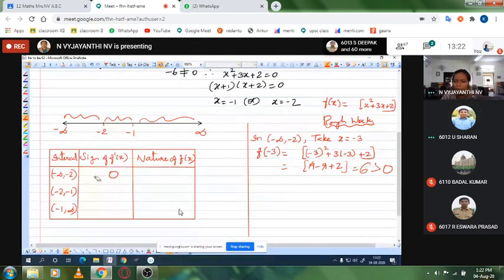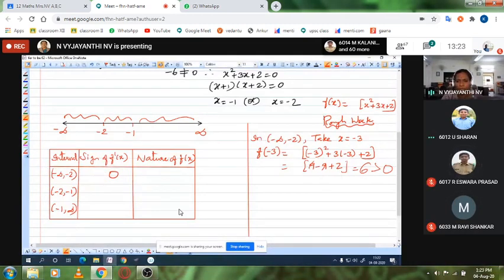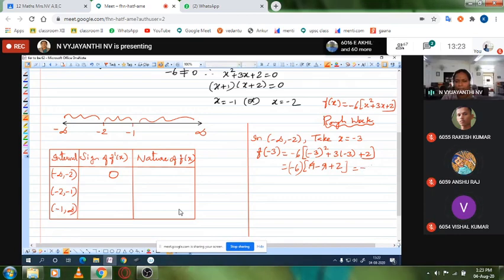Will it be correct? No, ma'am. You should consider minus 6. Yes, you have to consider it, then only you will get the answer correctly. Minus 12, isn't it? Less than 0.